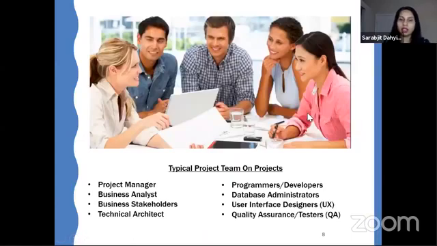Okay, so typically this is on the waterfall environment. Typically the roles that you'll see on a project team include a project manager, business analyst, business stakeholders, a technical architect, your programmers or developers, your DBAs, your UX designers, and quality assurance, which is our QA folks that help us test.